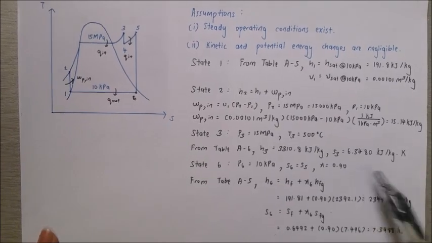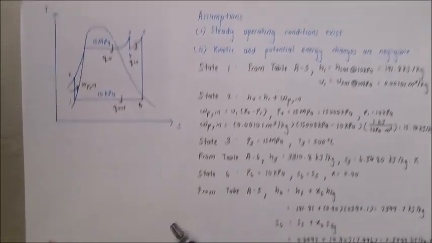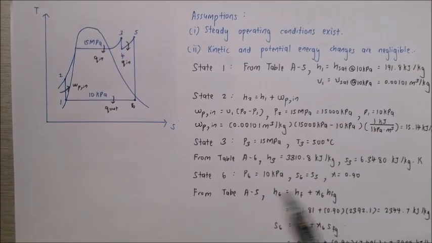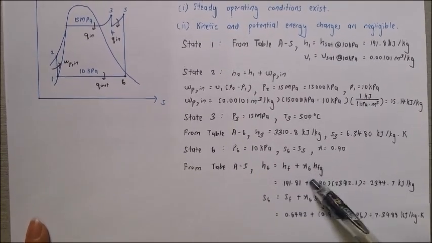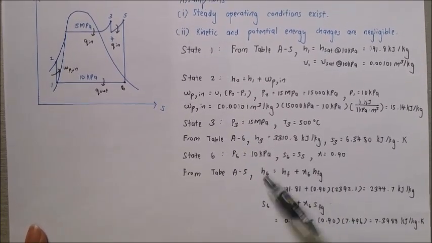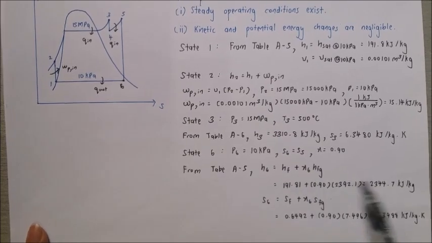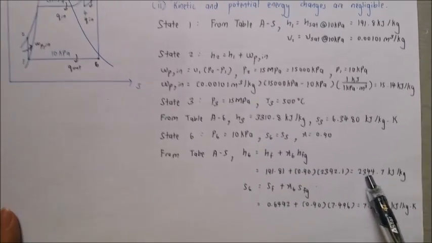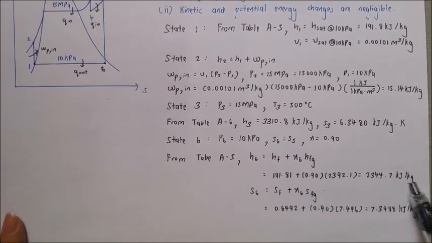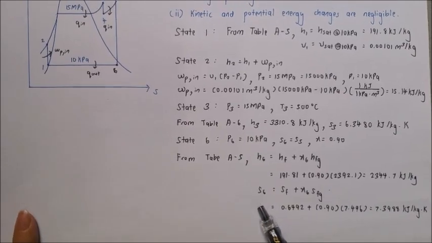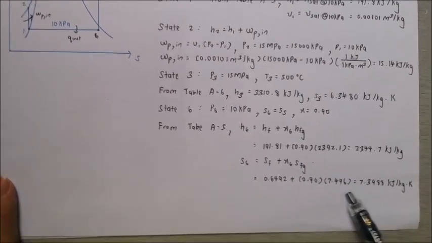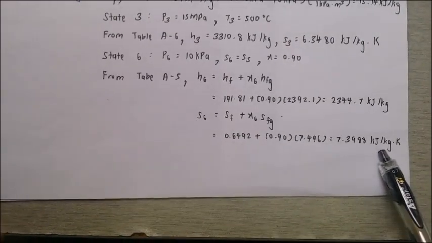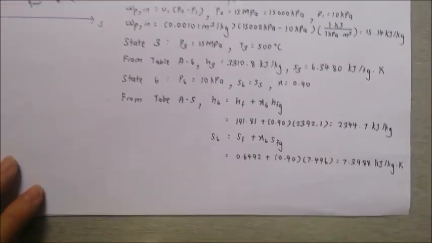From table A5, we can find H6 equals hf plus x6 times hfg. We find the values from table A5 and substitute in, and we get 2,344.7 kilojoule per kilogram. Same for S6, we use a similar method and we get 0.3988 kilojoule per kilogram Kelvin.